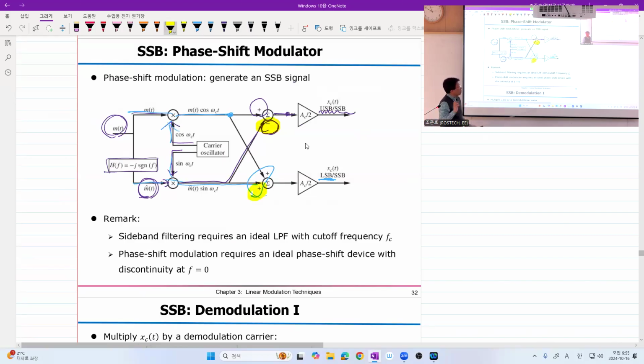Because this difference makes the output upper sideband SSB or lower sideband SSB. Got it? Of course, no transmitter has both of them, right? Anyway, either the transmitter would be a USB SSB modulator or an LSB SSB modulator. This block diagram is just for your understanding.